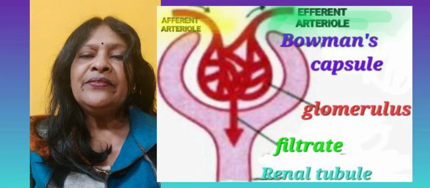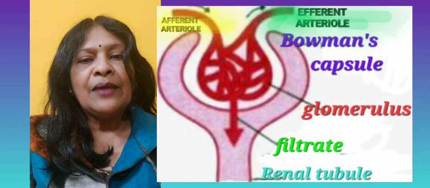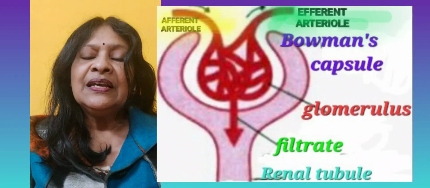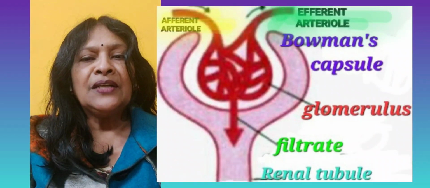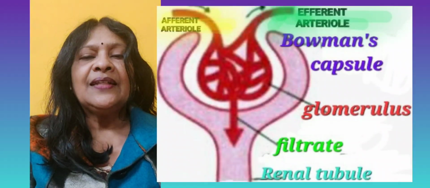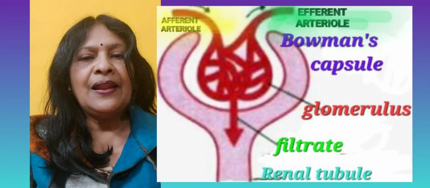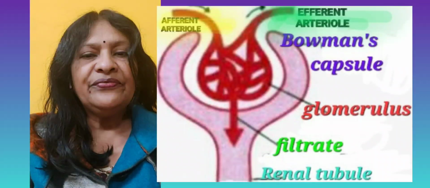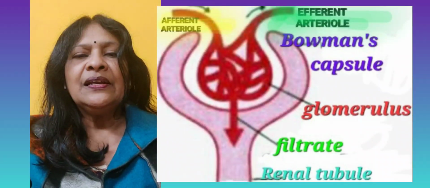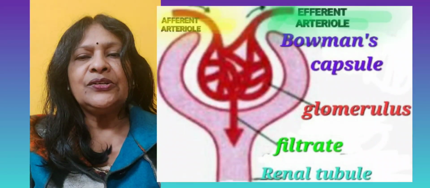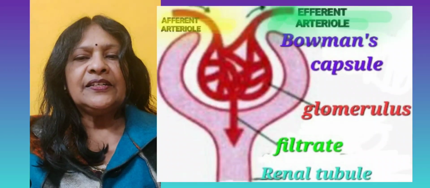Because the entering arteriole had a much broader diameter compared to the exiting arteriole, which has a much thinner diameter. And this assists in the process of ultrafiltration largely. So we have two different names: the entering arteriole as the afferent one and the exiting arteriole out of the Bowman's capsule as the efferent arteriole.